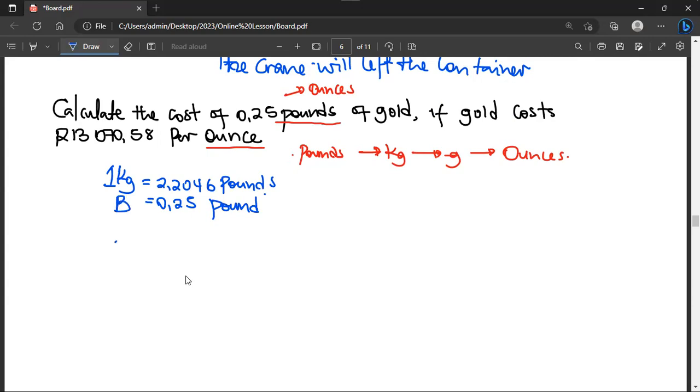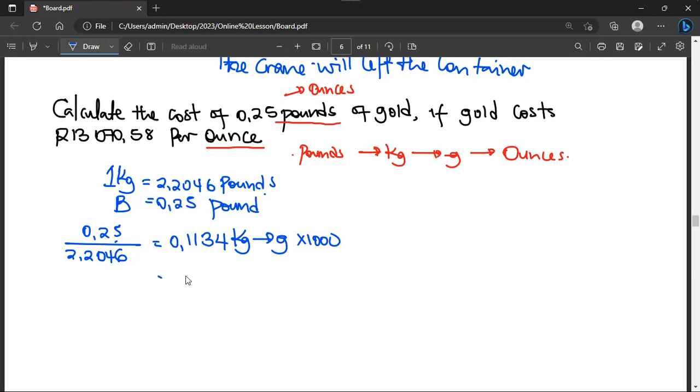So it's 0,1134 kilograms. Change them to grams by multiplying by 1,000.